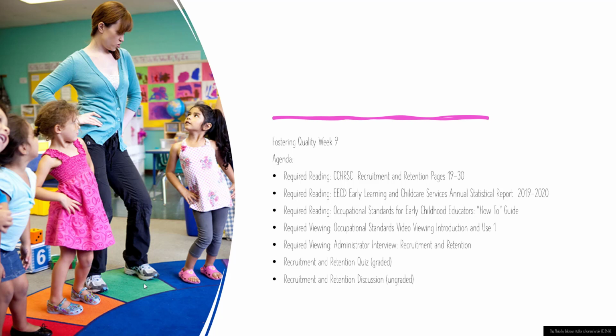And within this report, it's going to talk about wages, retention of staff, and some of the initiatives that have been undertaken. So very interesting to see how EECD documents what is happening within childcare within New Brunswick.